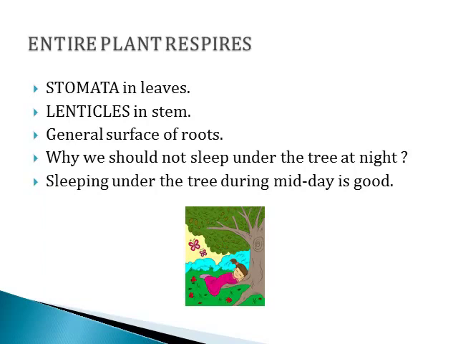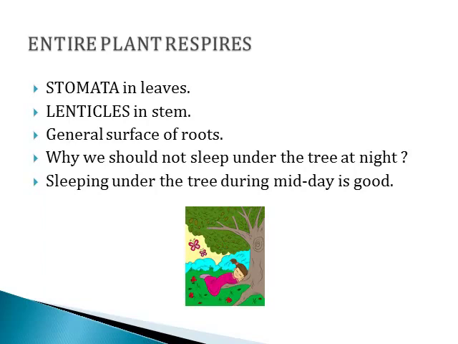The carbon dioxide produced during respiration is utilized by the leaves, which serves as a raw material for the photosynthesis process. So during respiration, carbon dioxide is released from the plants, and that carbon dioxide is utilized as a raw material for synthesizing food during photosynthesis.